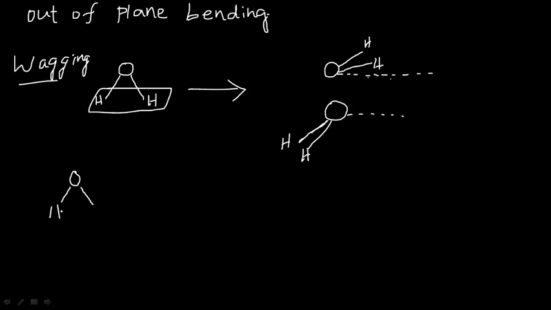Water molecule only I am taking. This is the type of bending which is named as twisting. So this is also out of plane bending. In this case, one of the hydrogen atoms is moved above the plane and the other atom is moved below the plane, like this.